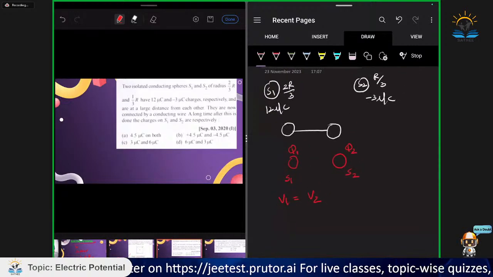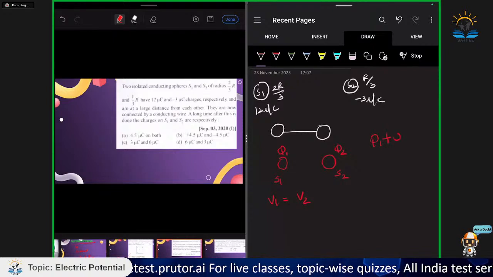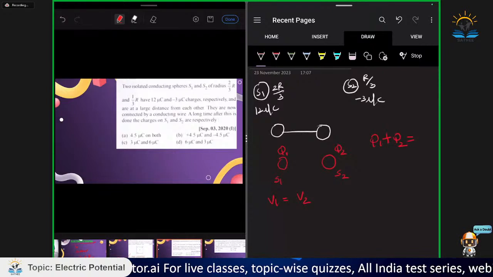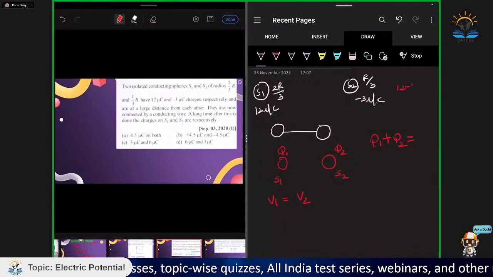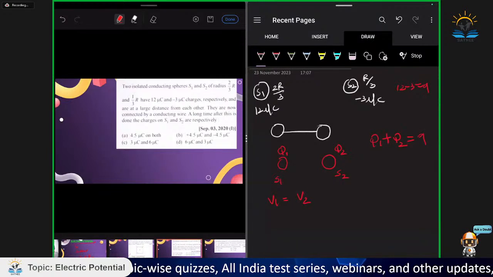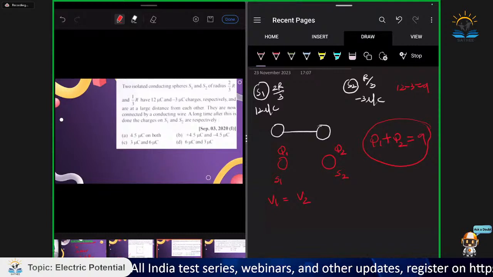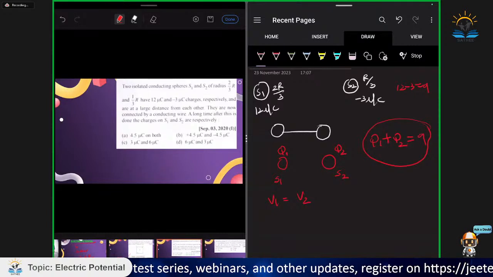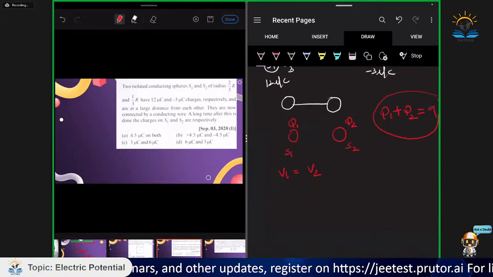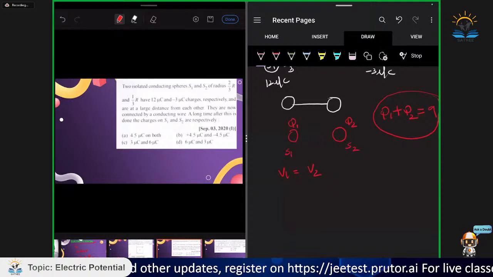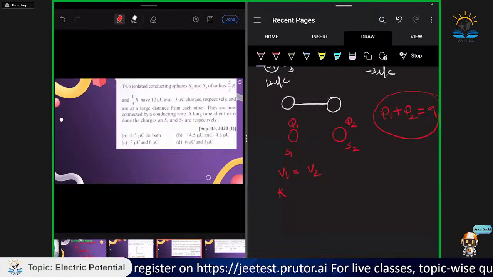And by conservation of charge, Q1 plus Q2 will be how much? What is the total charge before connecting the conducting wire? 12 minus 3, that is 9 microcoulomb. So by conservation of charge, Q1 plus Q2 is equal to 9. And after connecting the conducting wire, the potential of both spheres will be equal. So what will be V1? KQ by R.